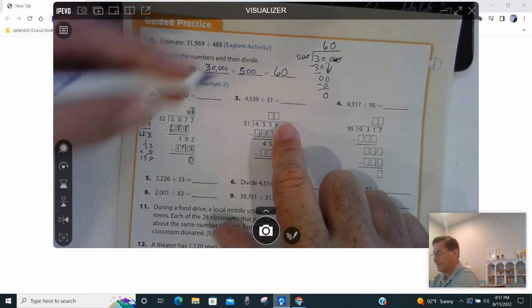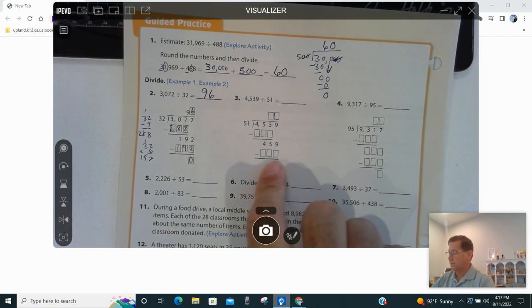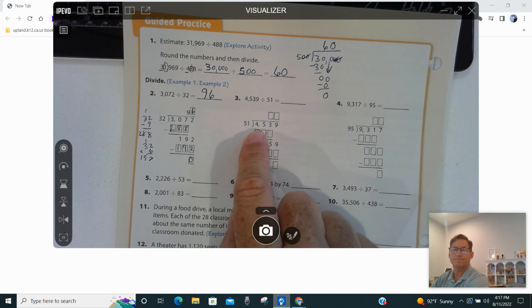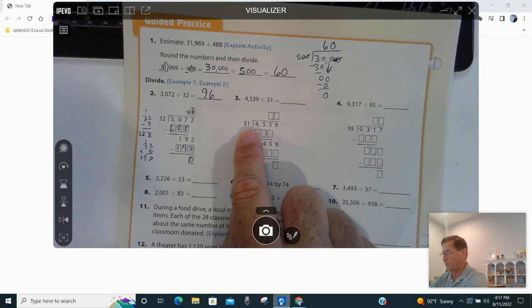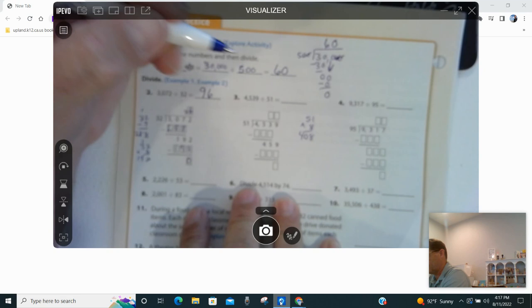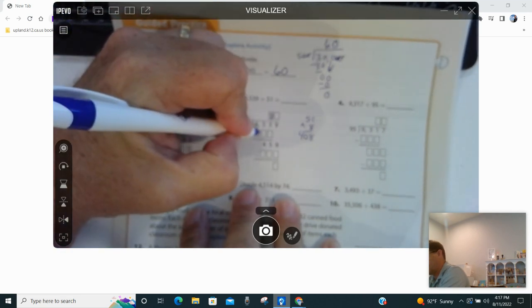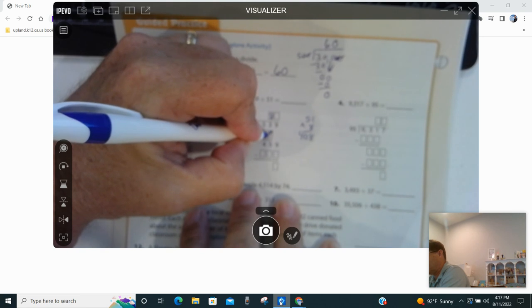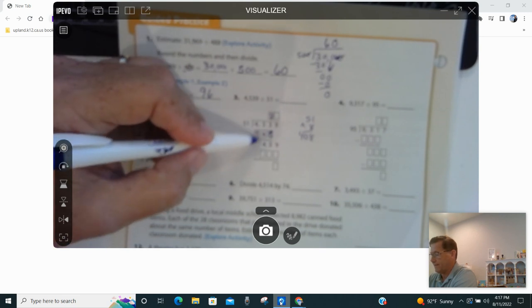All right. Number 3, they've just set it up for us. So 51 is greater than 4. Can't divide that. 45 is smaller than 51. 453 divided by 51. That's going to probably be about 8. Okay, so 45 plus 8 is 53.